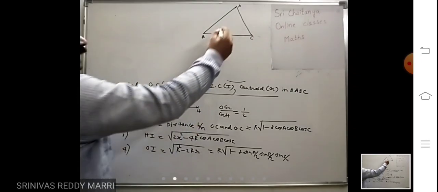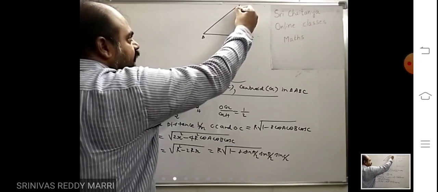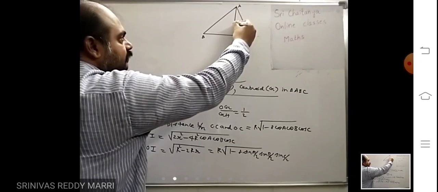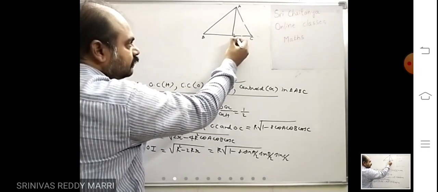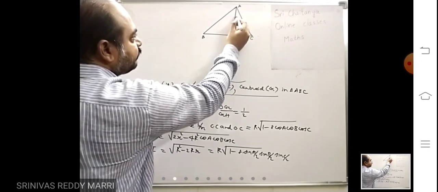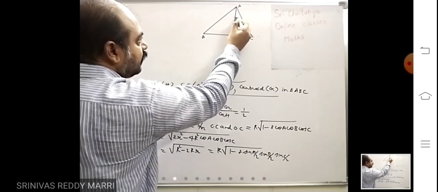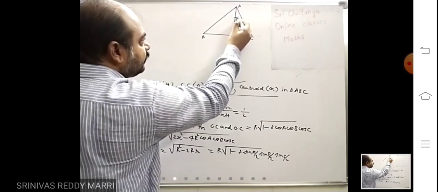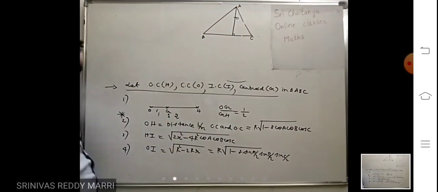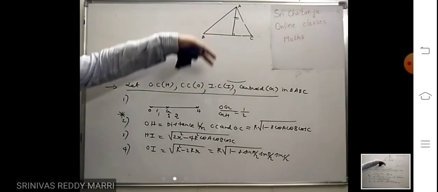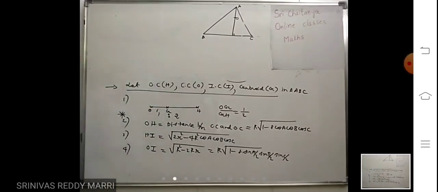I am dropping an altitude from A. On that only the orthocenter will lie. I am plotting the orthocenter. On the altitude only it will lie, of course, since it is the intersection point of all three altitudes.